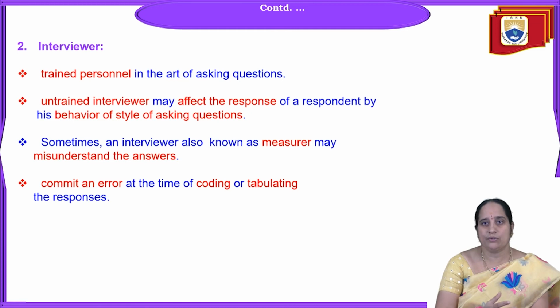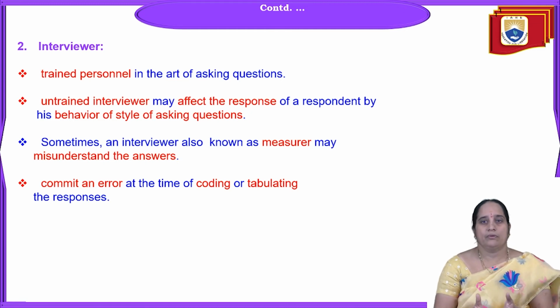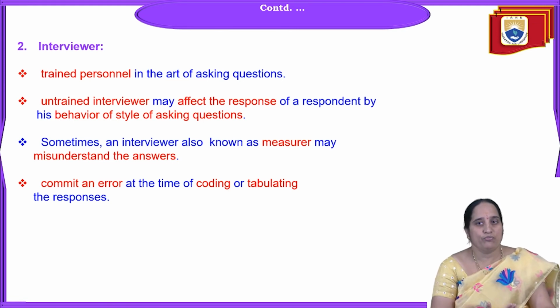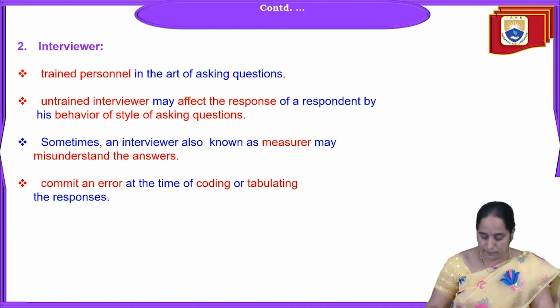Due to not having proper answers and lack of analyzing skills, the interviewer may also commit errors at the time of coding the data collected by him, and whenever he presents those data in a tabulated manner, he may create some sort of systematic errors.